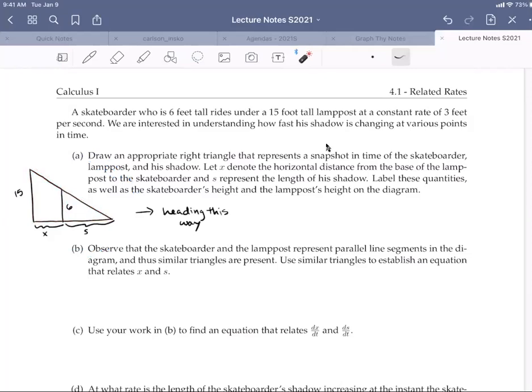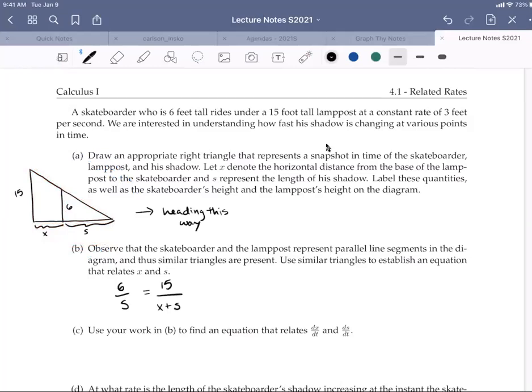One thing to note is that this whole side of the bigger triangle has length x plus s. x is just this part, s is just this part, so the whole length is x plus s. So we can relate 6 divided by s to be the same as 15 divided by x plus s.